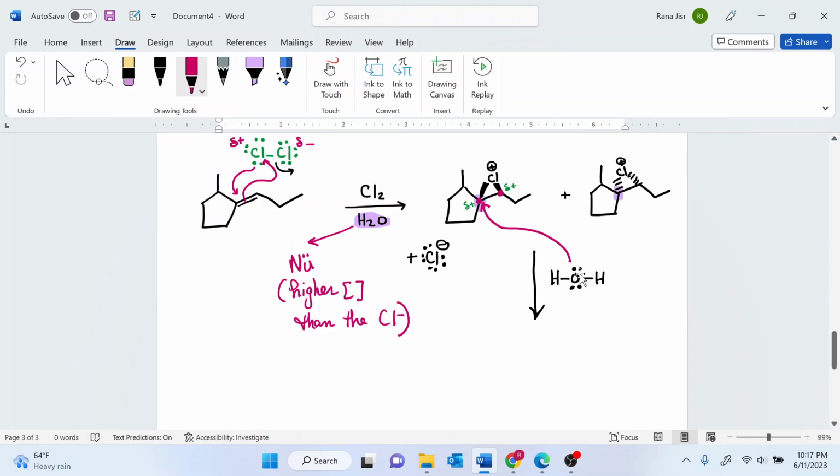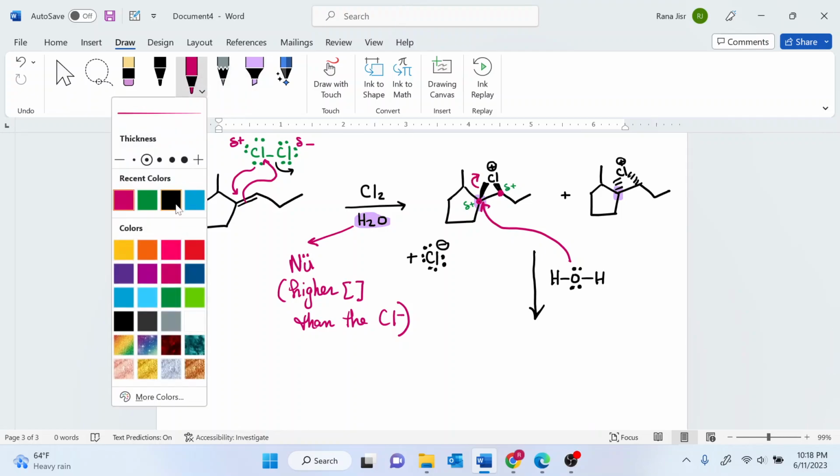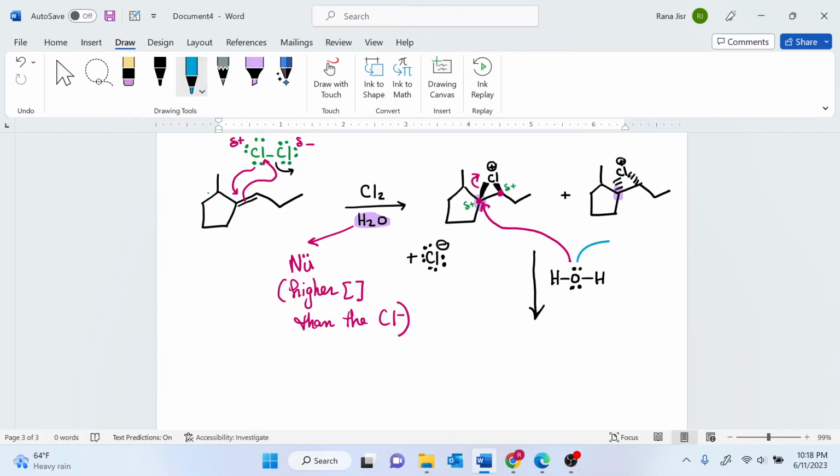So if any nucleophile wants to attack, no matter what that nucleophile is, it's going to come from the opposite side of the cycle just to open the cycle up. And this one also, it's going to do exactly the same thing. It's going to attack from the top so that it opens the cycle from the back.